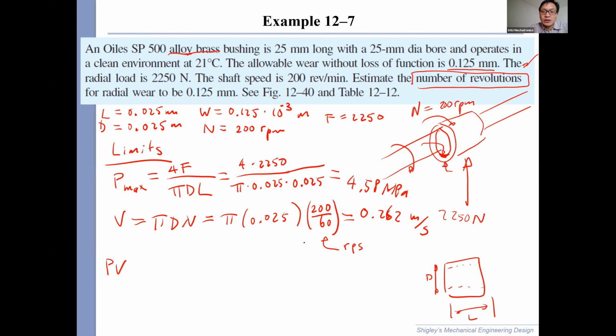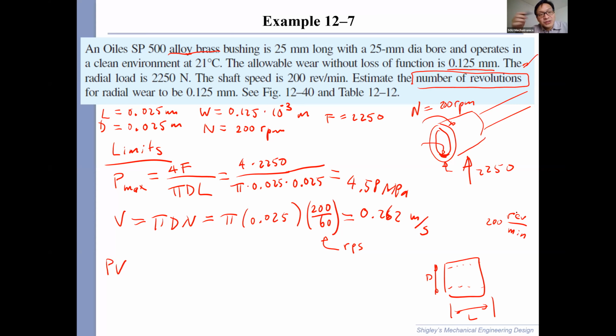Okay, 200 RPM. Don't get yourself confused here. 200 revolution per minute, it rotates 200 times per minute.